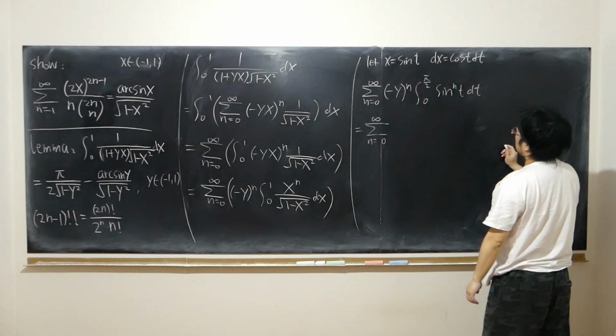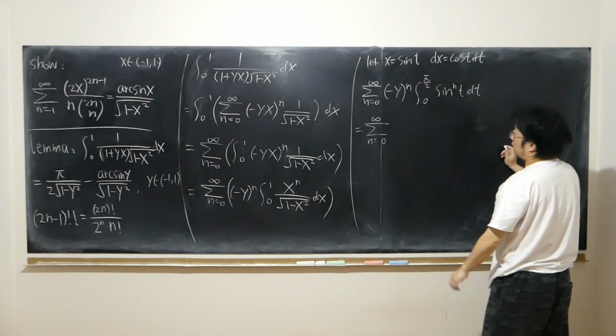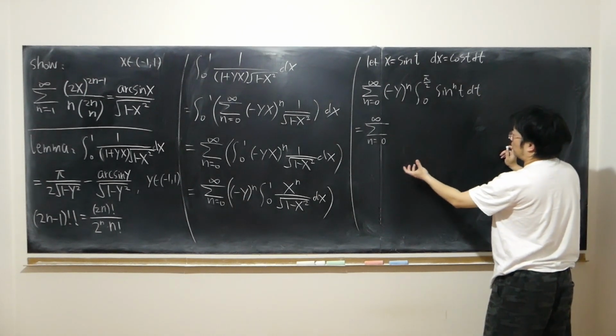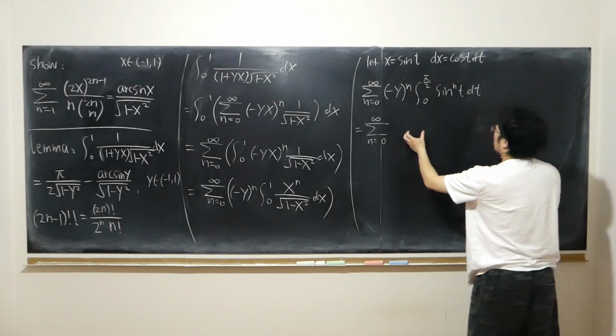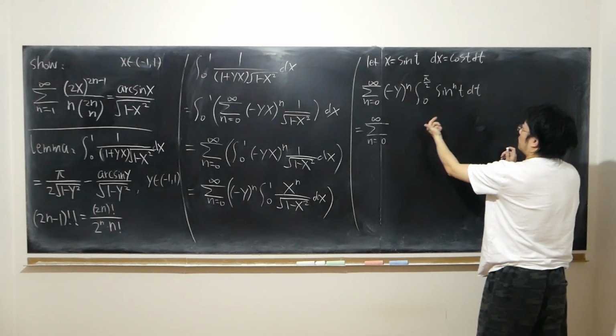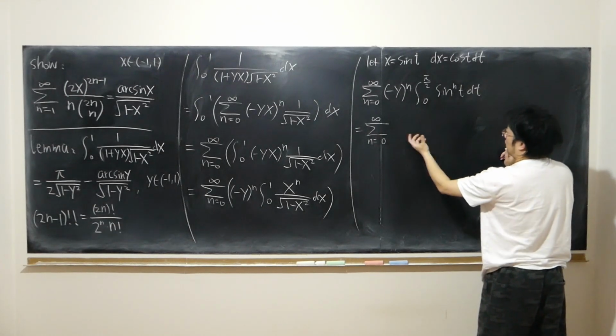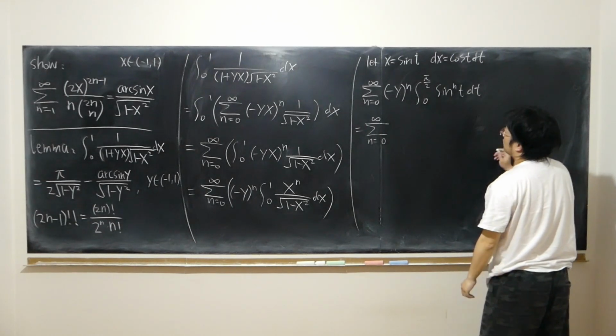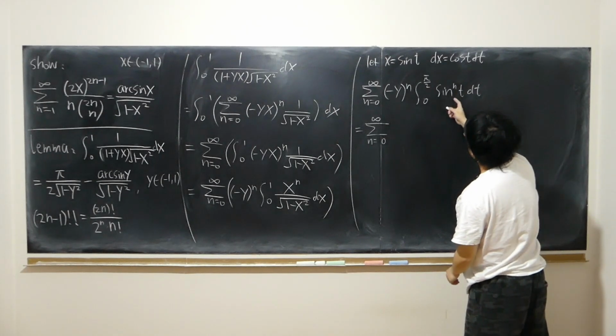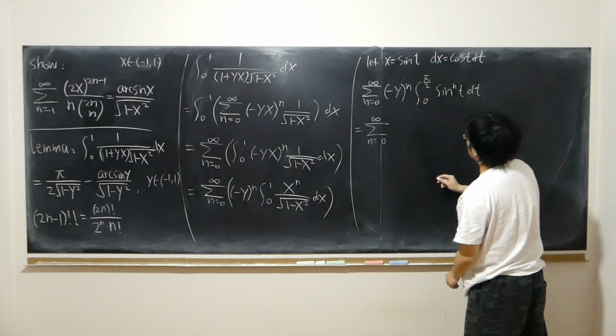When n is even, I could use k, perhaps, but I still use n, it doesn't matter. So I start from 2n: 0, 2, 4, 6, I just call it 2n.